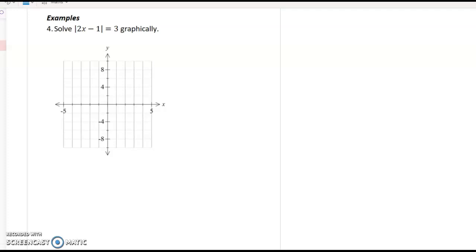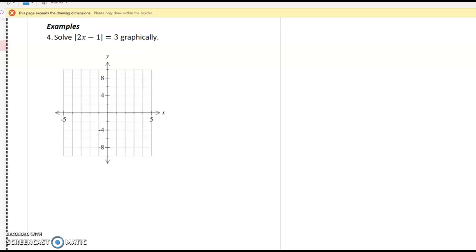Okay, so rather than going for a full table of values, we can just see that we've got the function y equals the absolute value of 2x minus 1.